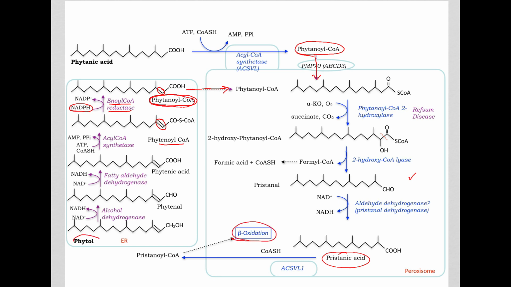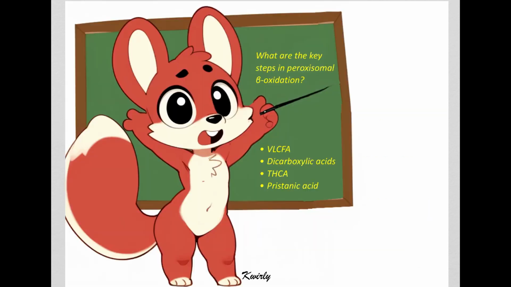So eventually phytol and phytanic acid will be converted to pristanic acid, and that pristanic acid will undergo beta-oxidation that we'll talk about next. So now let's look at beta-oxidation that occurs in the peroxisomes.